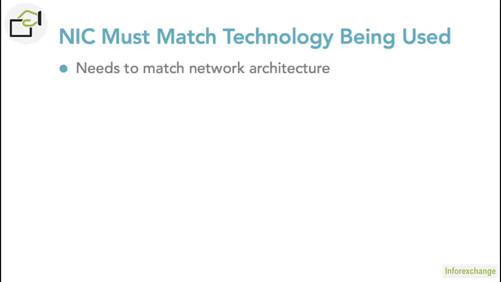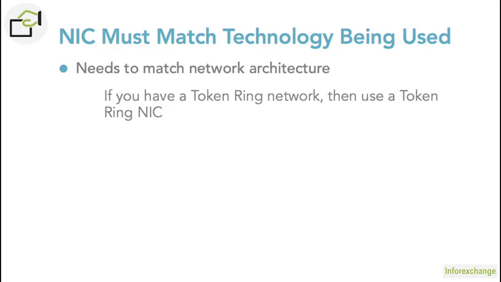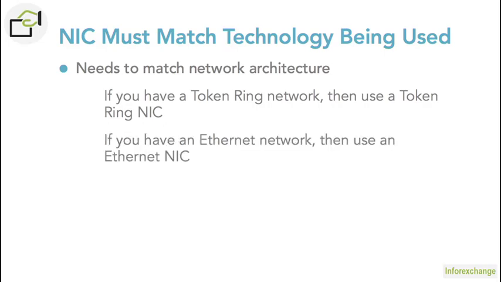For example, if I'm using a token ring architecture on my network, the NIC I use to gain access to that network needs to also follow the token ring architecture. In the same way, if I'm using Ethernet as my network architecture, the NIC I use has to be able to interface and use the Ethernet architecture.